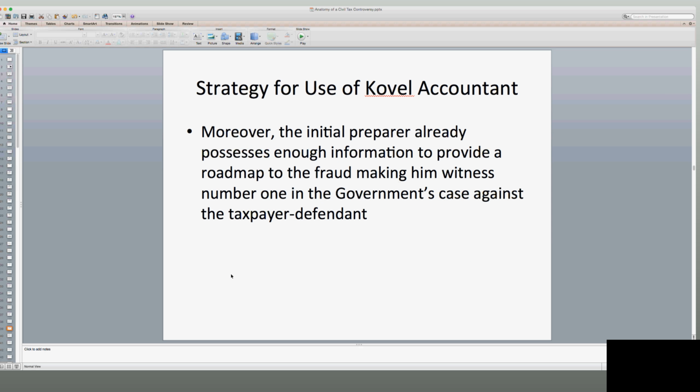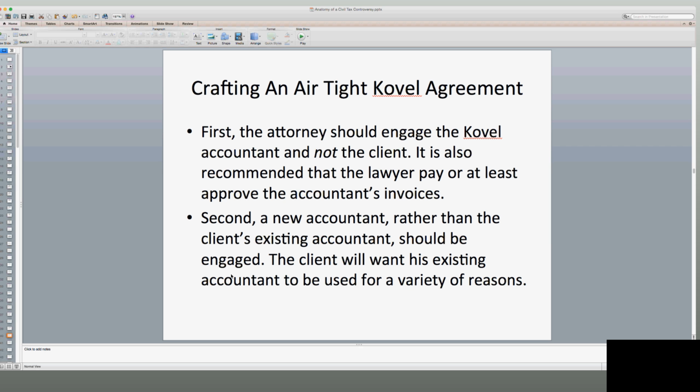Moreover, and this is really the most damaging part because it hurts the client, the initial preparer already possesses enough information to provide a roadmap to the fraud, making him or her witness number one in the government's case in chief against the taxpayer defendant in a criminal prosecution.